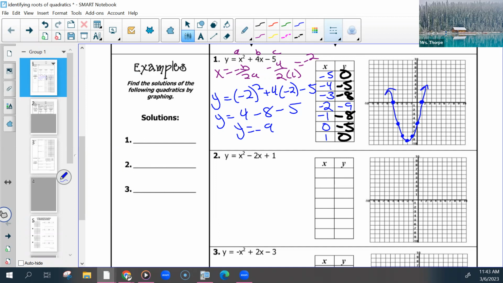So it should look something like that. Before we find the solutions, how many solutions do we have?